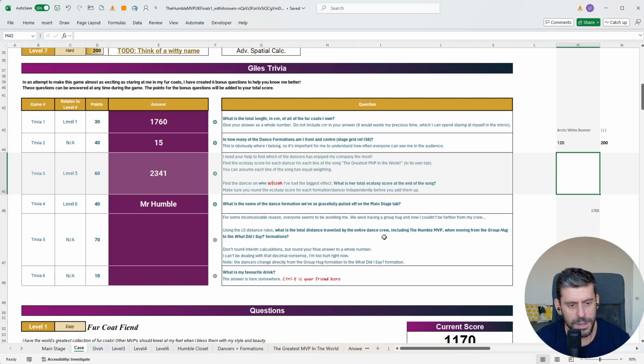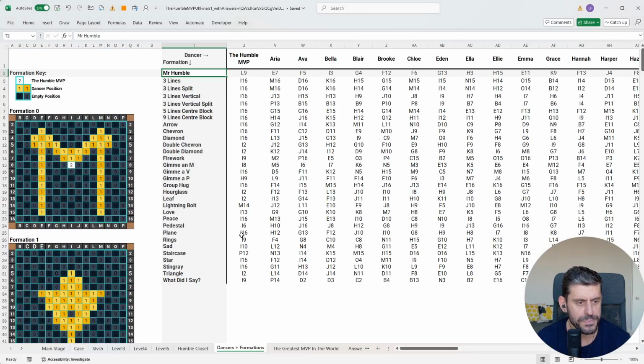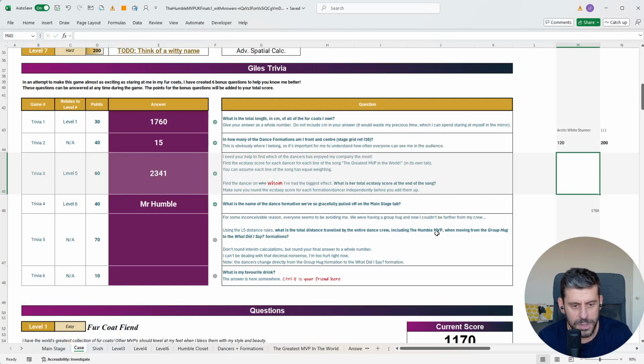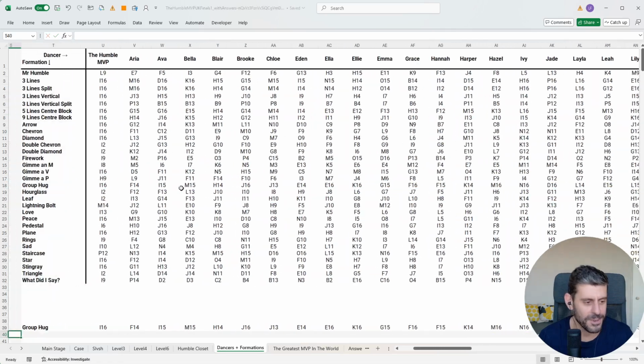Traveled by the entire dance crew, including the Humble MVP, when moving from the group hug to the what did I say formation. So it's probably quite easy. So group hug. I don't remember the two formations. Yeah, from the group hug to what did I say? Actually, the storytelling about this case is great.